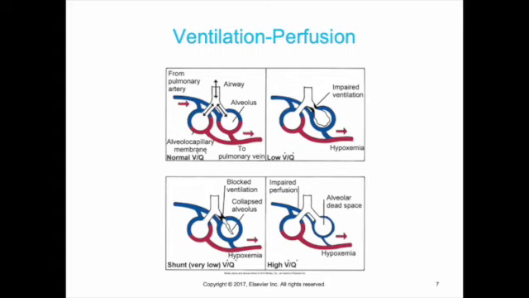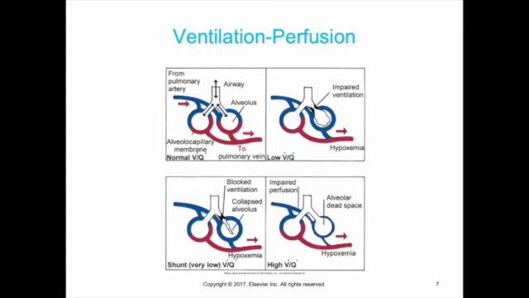Diffusion of oxygen from the alveoli into the blood is dependent on two factors. Okay, so we talked about the second factor. Let's talk about now the first factor. The first is the balance between the amount of air getting into the alveoli, which is depicted by the V in the VQ mismatch. V is the amount of air that's actually getting into the alveoli, and Q is the amount of blood perfusing the capillaries around the alveoli.